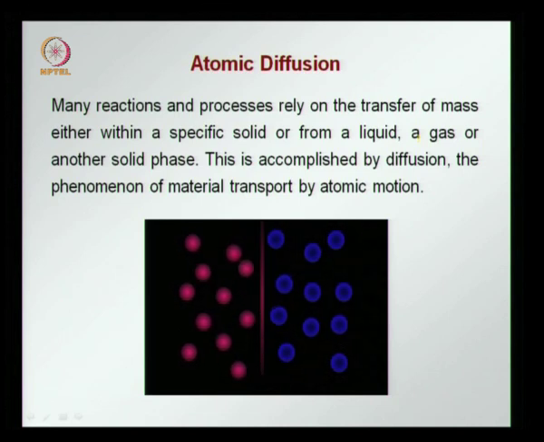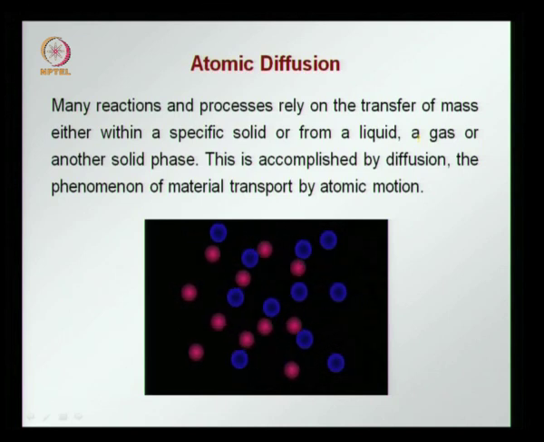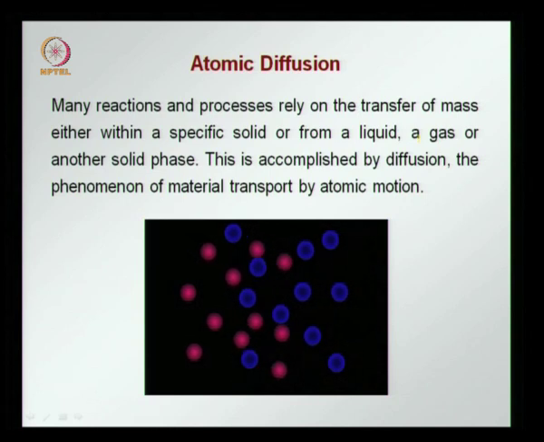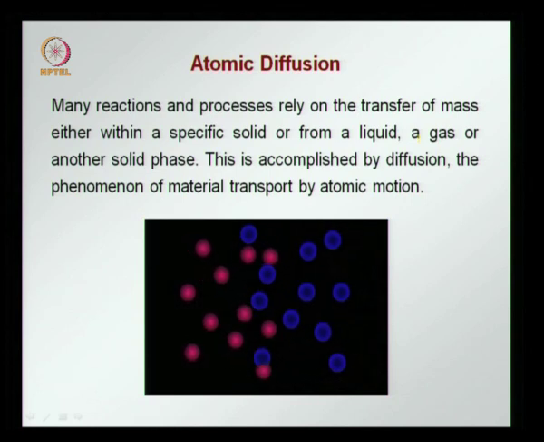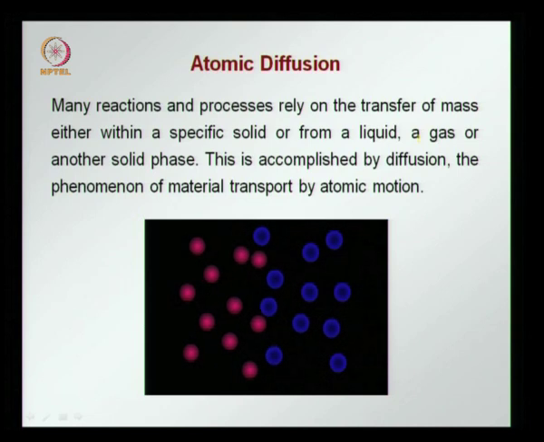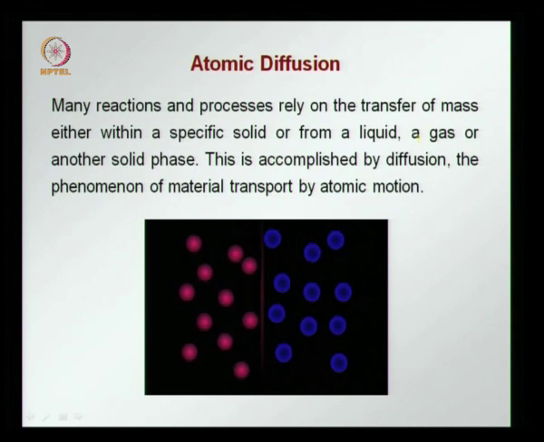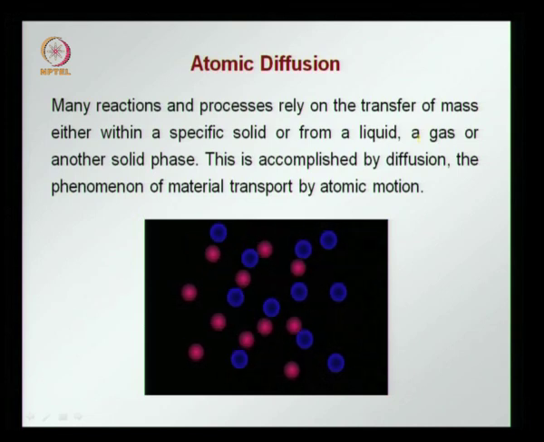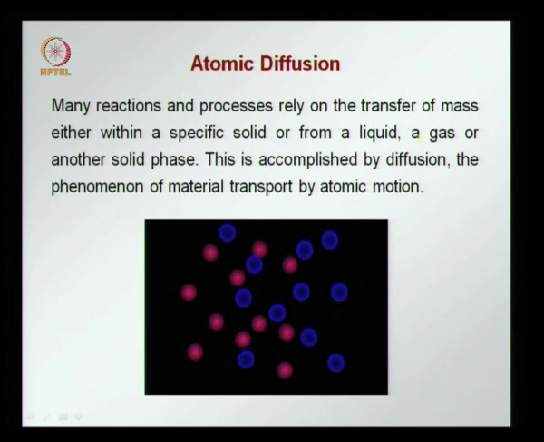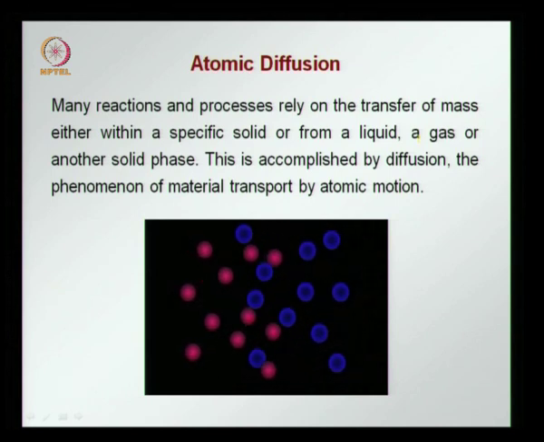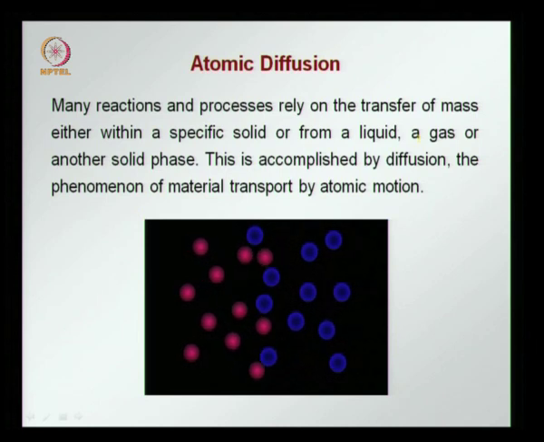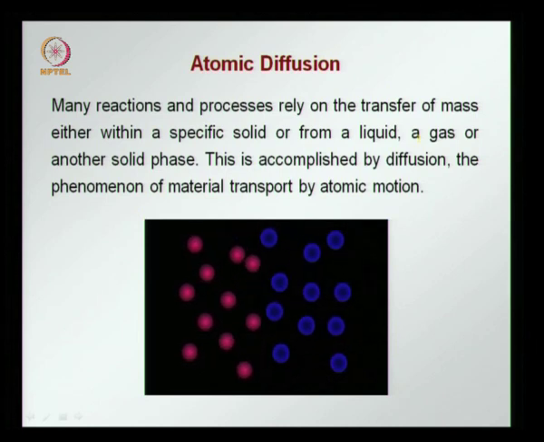Another type of movement within materials is due to diffusion. A lot of reactions and processes in materials, which define how the material structure forms and also how the materials behave in time, depend on atomic diffusion.